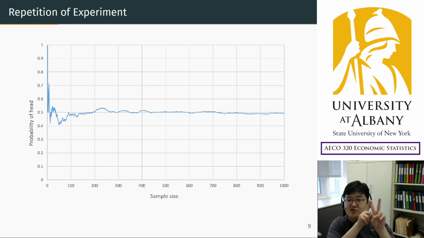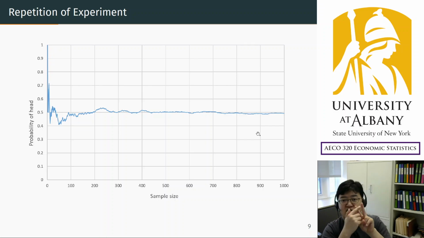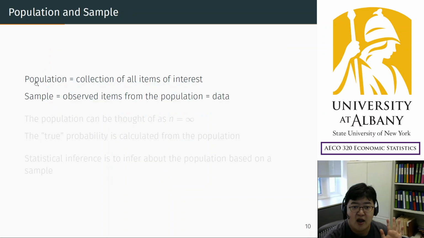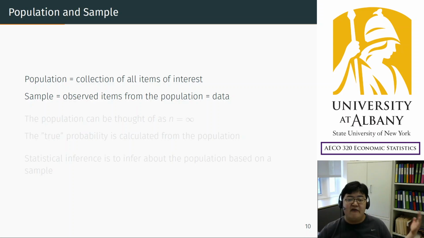And we compared the true probability with the probability we obtained from the finite observations, from the finite number of repetitions. So we are going to distinguish those two concepts. Population is the collection of all items of interest. In our coin toss example, population is the limit. If you throw a coin for an infinite number of times, that is the population, infinite coins.